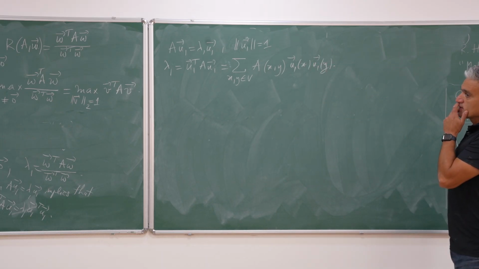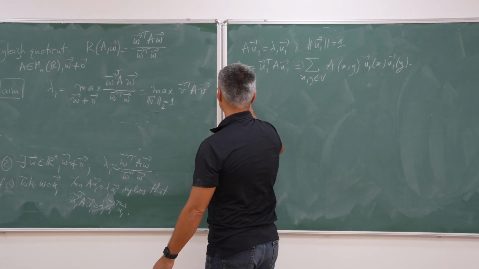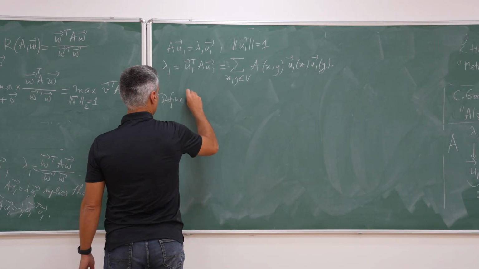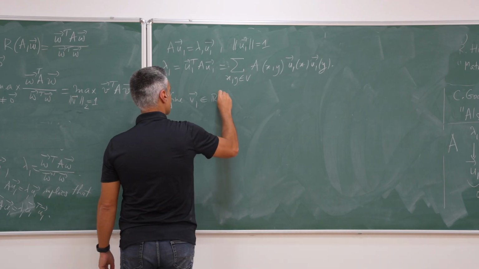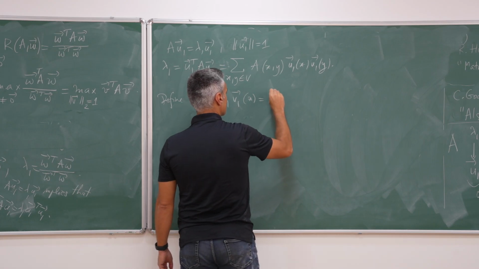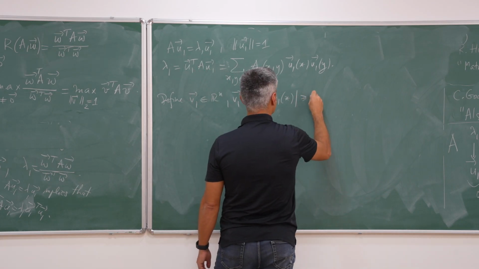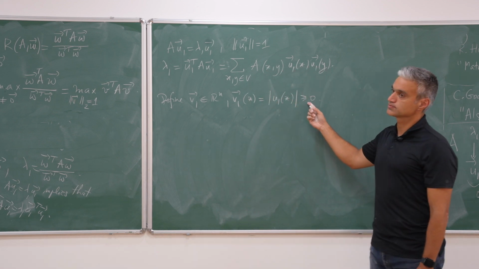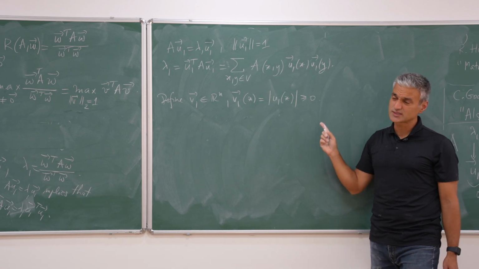So now I want to make a positive eigenvector. So I'm going to define V1 in Rn with V1(x) to be the absolute value of U1(x). So far I don't know, I could have 0, so I can say greater or equal to 0.